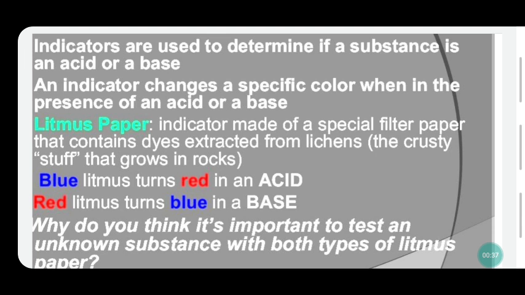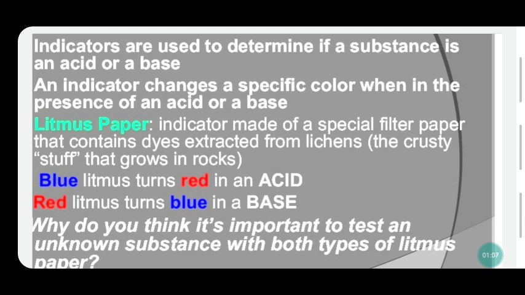They are used to determine if a substance is an acid or a base. They change to a specific color in the presence of an acid or a base. They are normally classified into two: natural indicator and synthetic indicator.